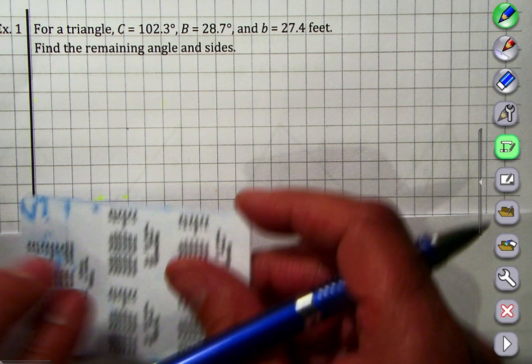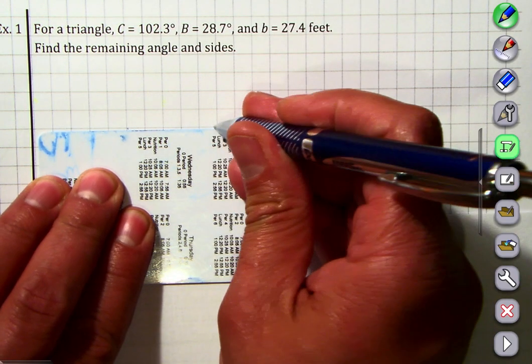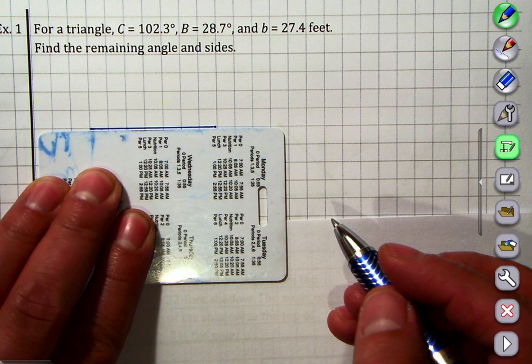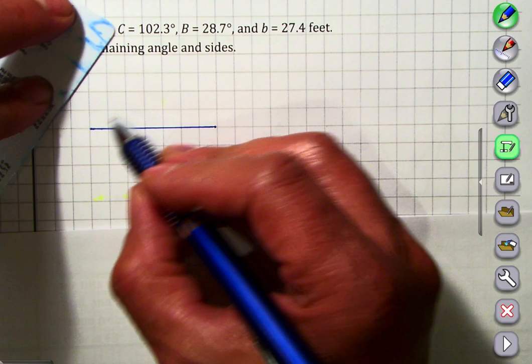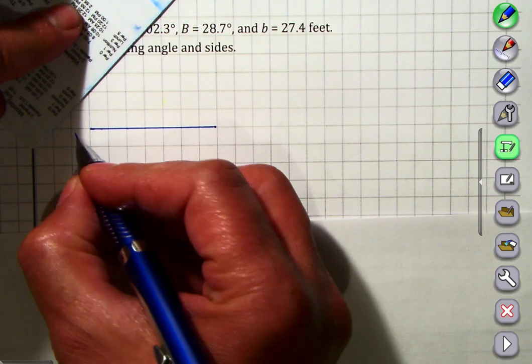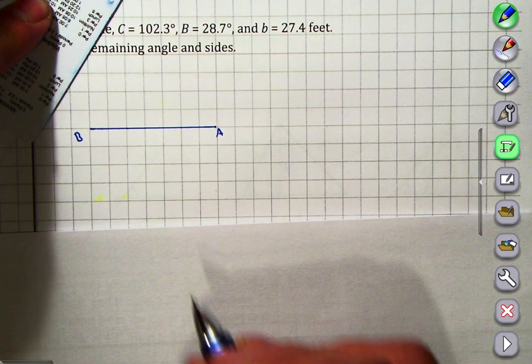So we're going to do two things. We're going to draw a quick triangle. This will be angle B, we'll have angle A here, and we'll place angle C on top.